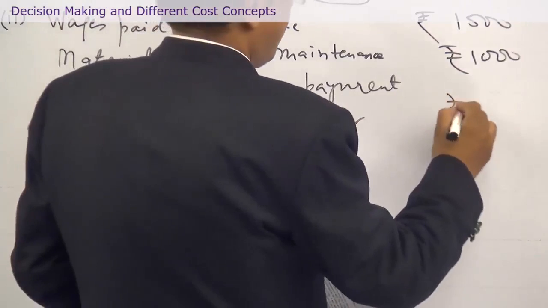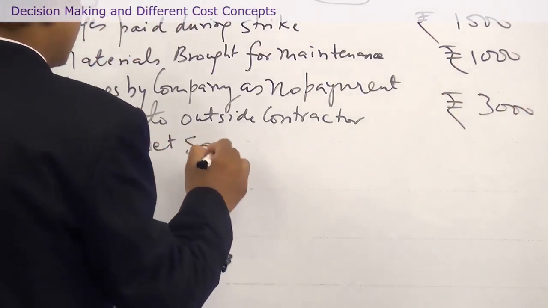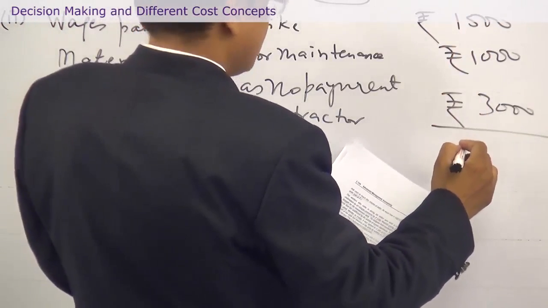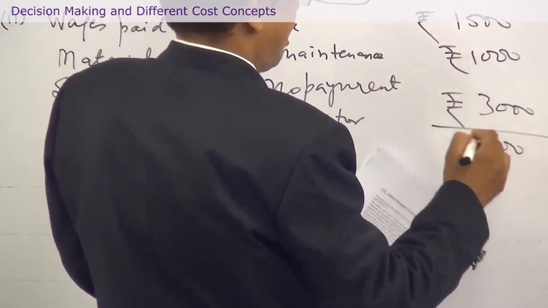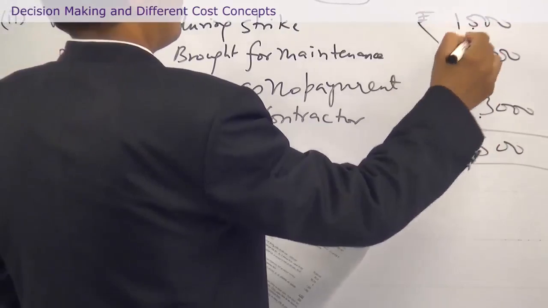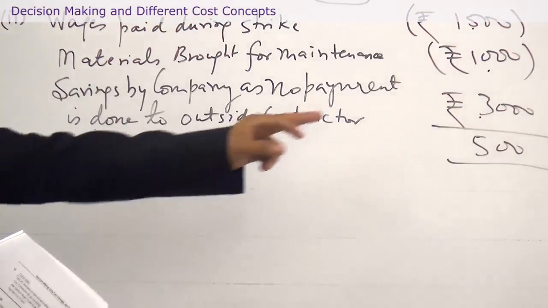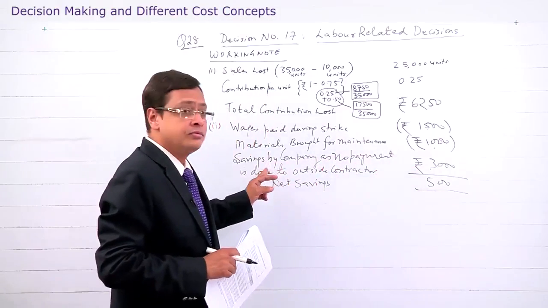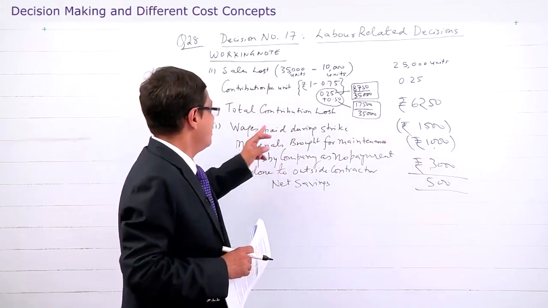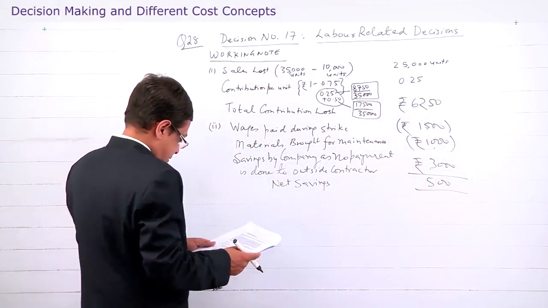This is rupees 3000. So you make a net savings of how much? Rupees 500. How? This 3000 when you adjust with 1000 and 1500. So this is a cost and this is a revenue. So 3000 is a revenue because you save, and this you compare with the material which is a cost of 1000 and rupees 1500 you paid for the wages. So this is the net saving you make.